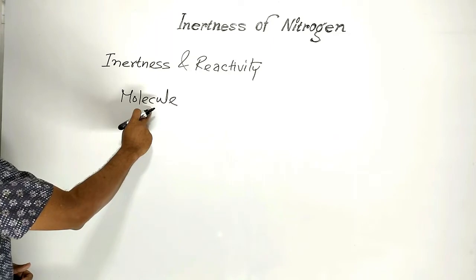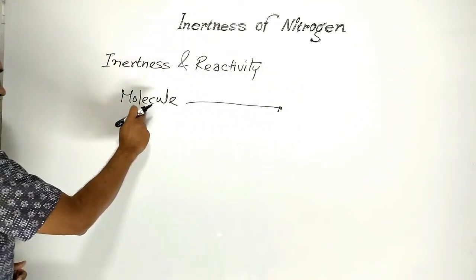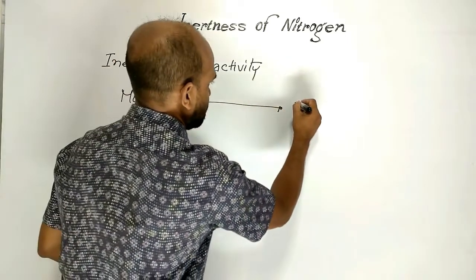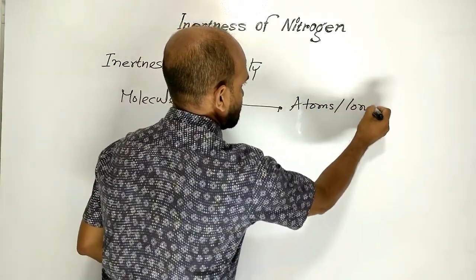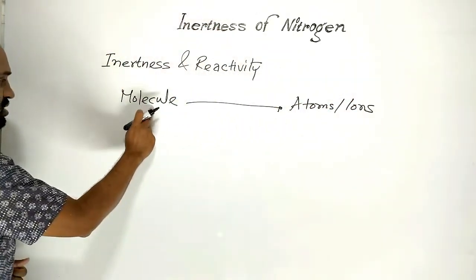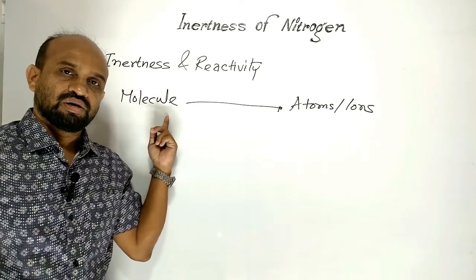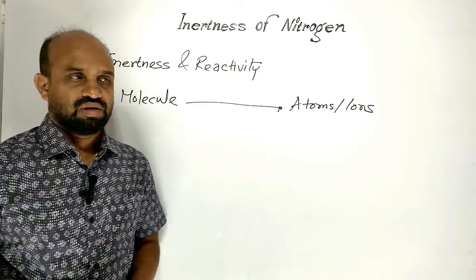Reactant molecule: at the time of reaction, the molecule breaks into atoms or ions. At the very outset of a chemical reaction, the molecule breaks into atoms or ions.